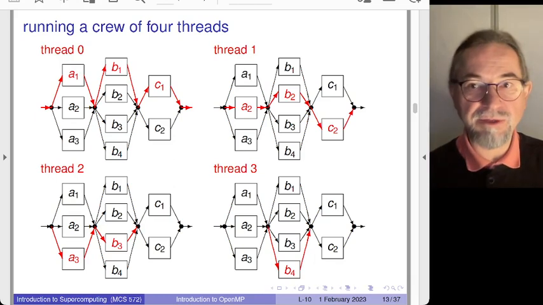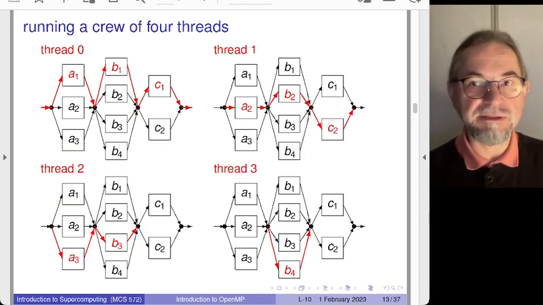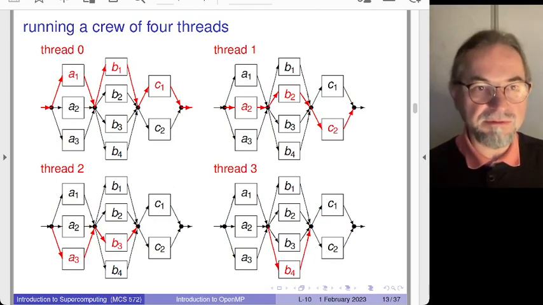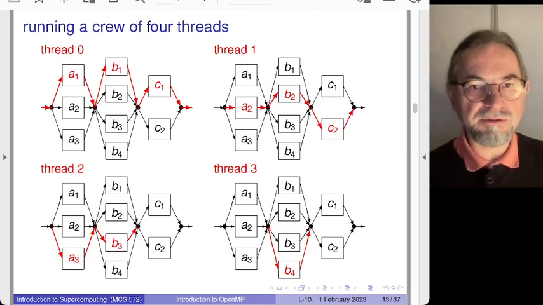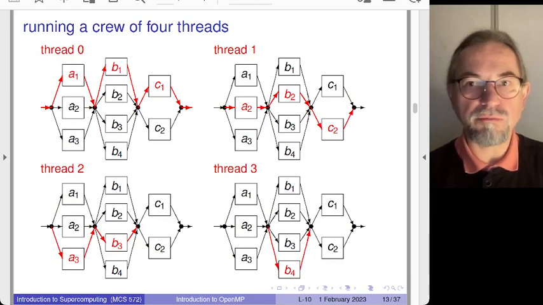Here we actually have more the work crew model. In a manager-worker paradigm, we could still use threading like this. We could still have one master thread, and I will give an example of that, but typically one works with multi-threading in the crew model, a work crew model.